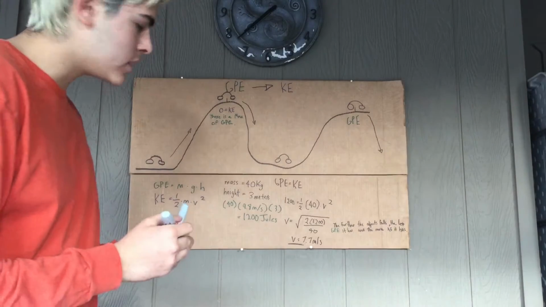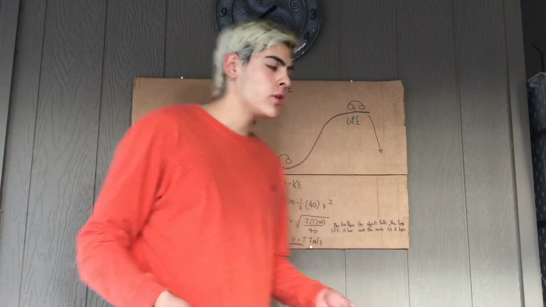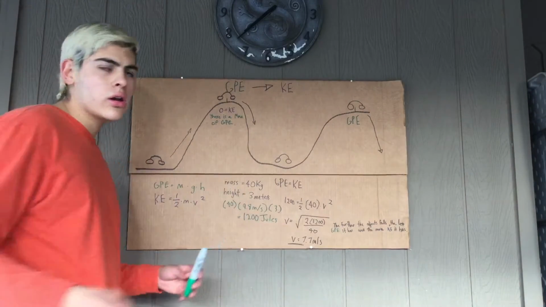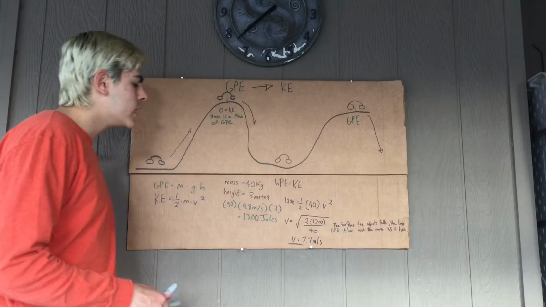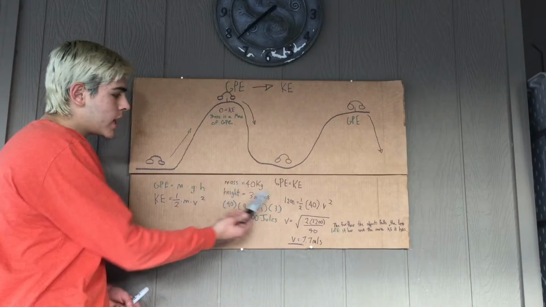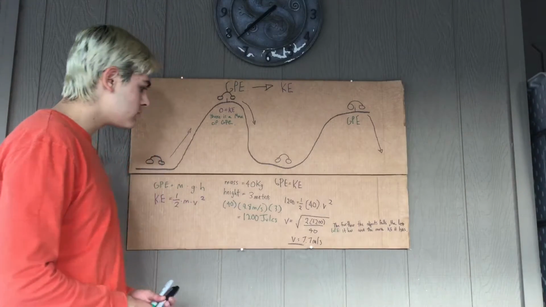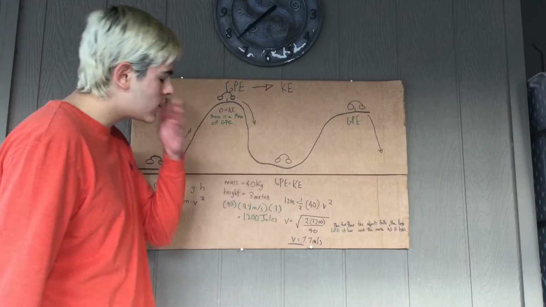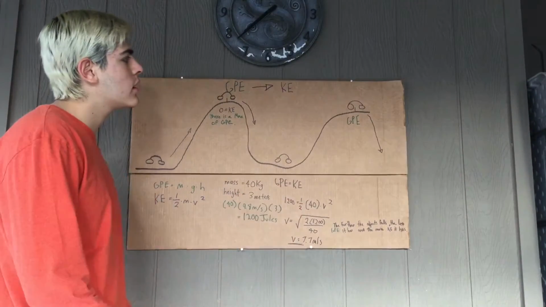So there's not a lot of hard work that needs to be put in. All you need to know is, given its mass and its height, to find gravitational potential energy, you just plug that in, multiplied times gravity. And I showed you the basic steps on how to solve for its velocity.